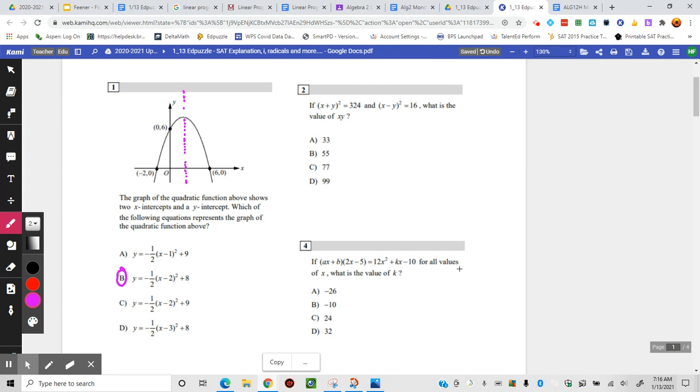So you want to find the midpoint of -2 and 6. That would be x equals 2. That means this vertex right here is 2 comma something, right? So that eliminates, because this is my vertex form, A and D.